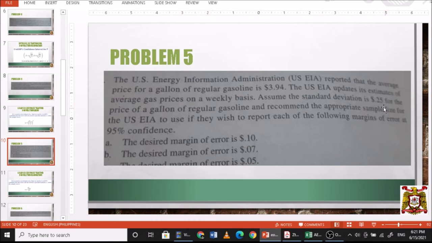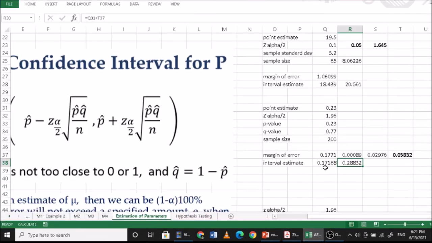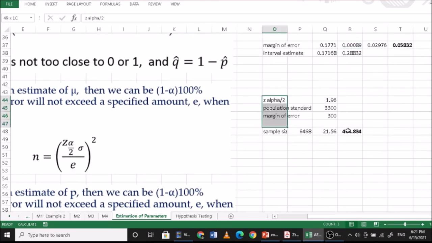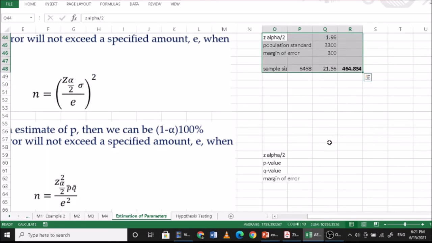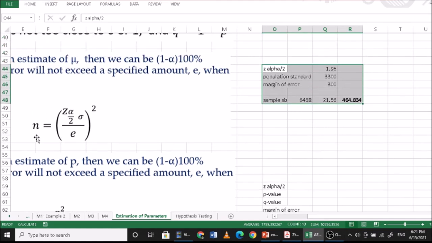Assume that the standard deviation is $0.25 for the price of a gallon of regular gasoline, and recommend the appropriate sample size for the US EIA to use if they wish to report each of the following margins of error at 95% confidence. The desired margin of error is 0.10, 0.07, and 0.05. You can solve that using this formula: n is equal to z alpha over 2 times sigma all over the margin of error, squared.